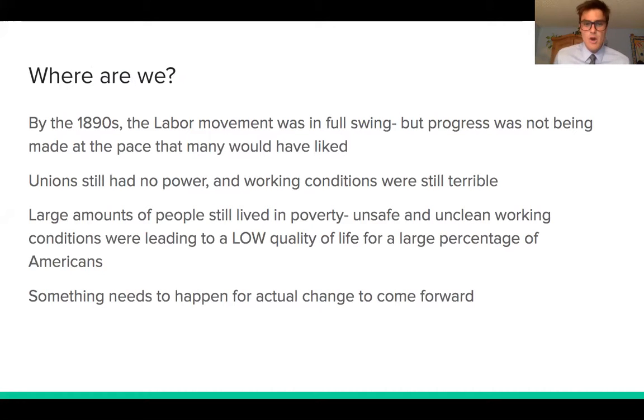Unions still had little real power, and working conditions were still terrible in large companies and factories all across the country. Large amounts of people still lived in poverty. Unsafe and unclean working conditions were leading to a low quality of life for a large percentage of Americans. Something needs to happen for actual change to come forward here.